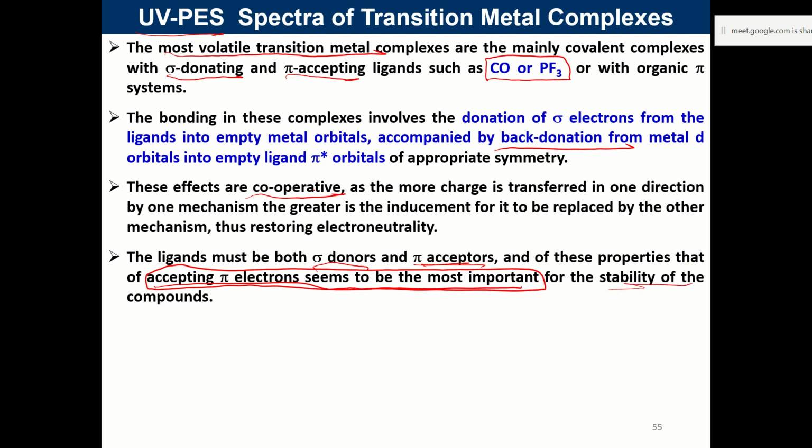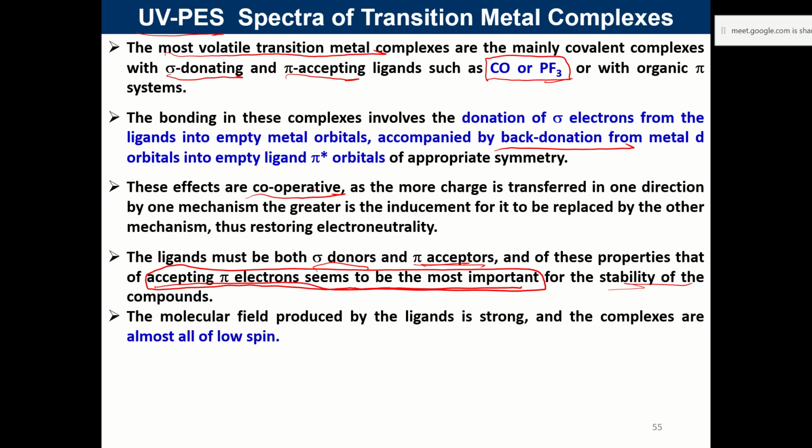So if you analyze the photoelectron spectrum for these compounds, you can tell which one is the better pi acceptor. Photoelectron spectroscopy tells you whether, out of CO and phosphorus trifluoride, which one can act as a better pi acceptor, and you can tell this with full evidence.